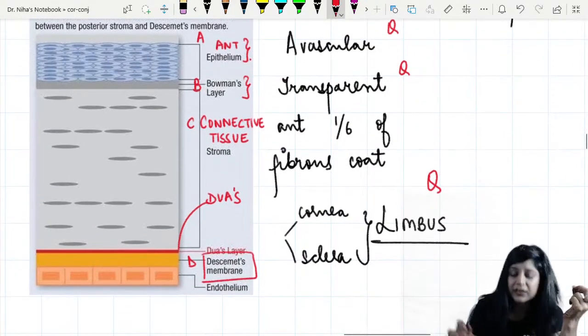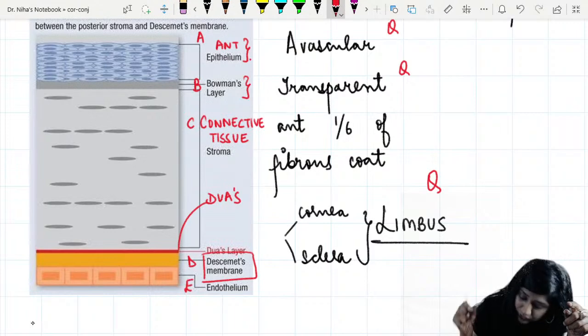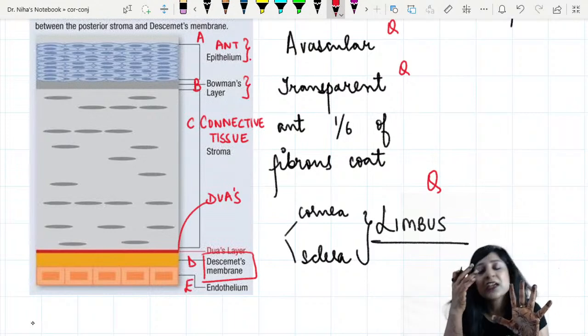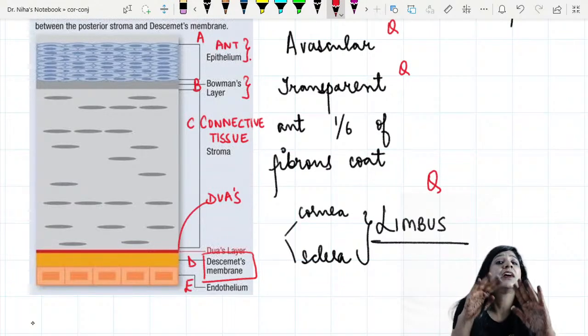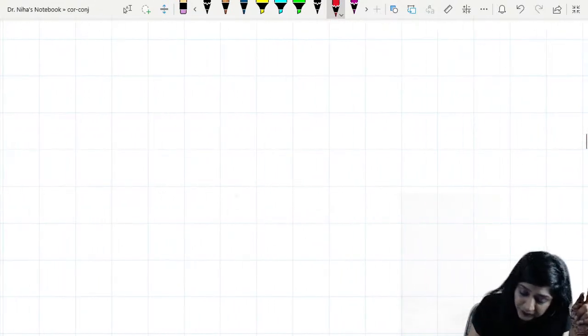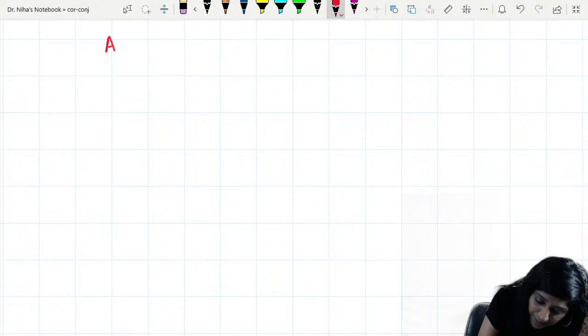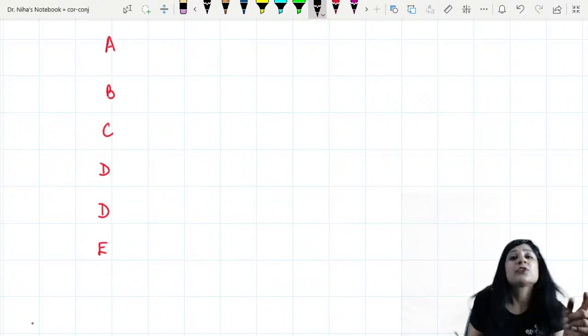Then E for endothelium. So just the 5 alphabets A, B, C, D and E, and you are done with the layers of the cornea. I'll write it for you here. A, B, C, D and then we have E. So try to memorize it.